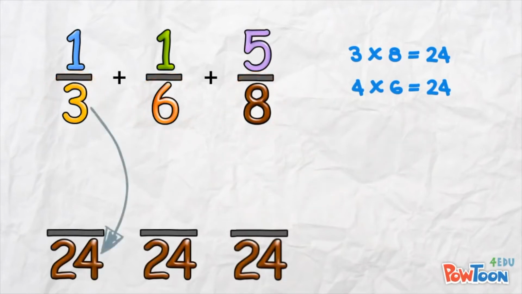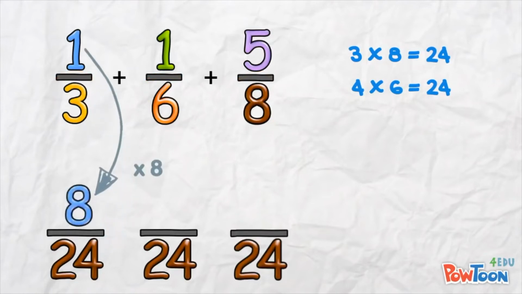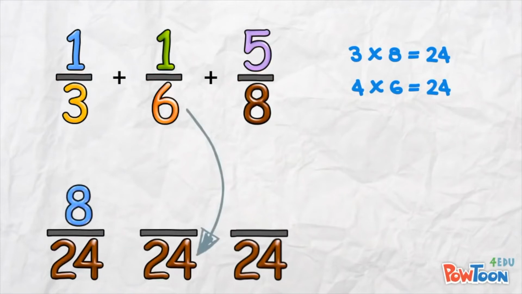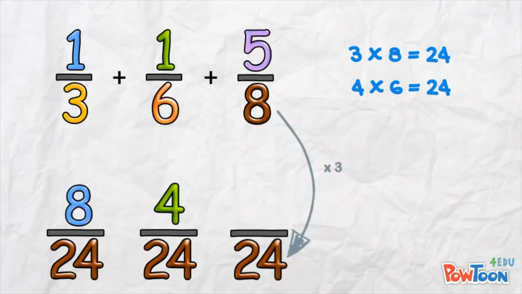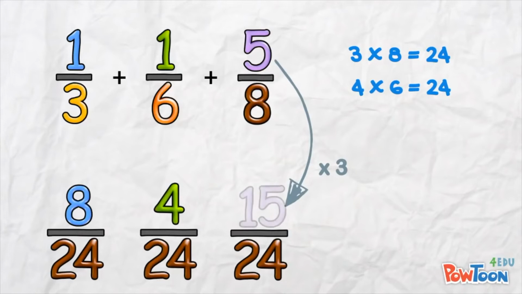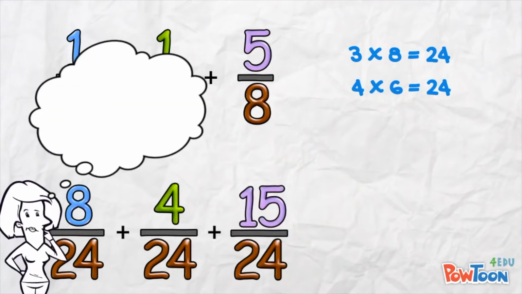To turn 3 into 24, we multiply by 8, so do the same to the numerator. To turn 6 into 24, we multiply by 4. Do the same up top. And to turn 8 into 24, we multiply by 3. So 5 times 3 is 15. Now we just add the numerators. 15 plus 4 is 19.